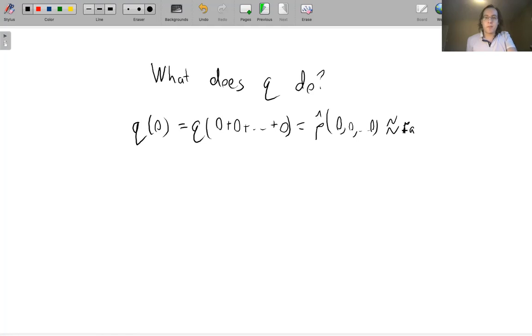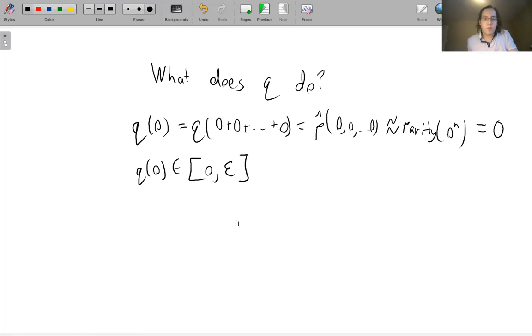Of course, P hat approximates parity. So it's approximately the parity of the 0 string, which is 0. So Q of 0 has to be in the range between 0 and epsilon.